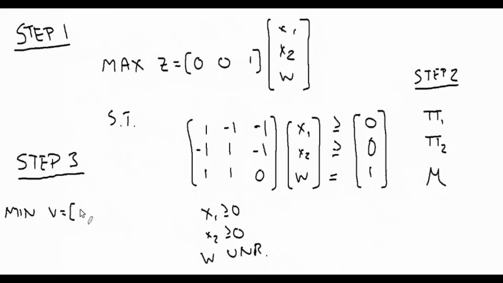So we have 0, 0, 1 times pi 1, pi 2, mu. And that's our dual objective function over here on the lower left.